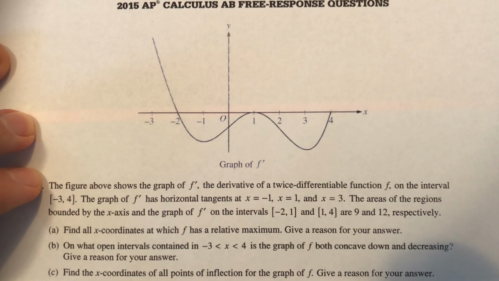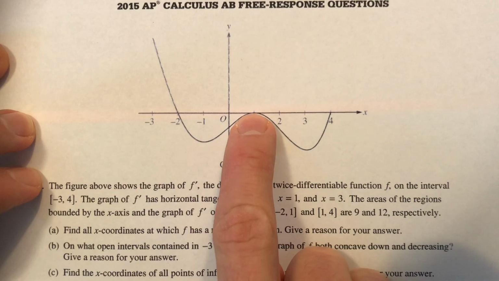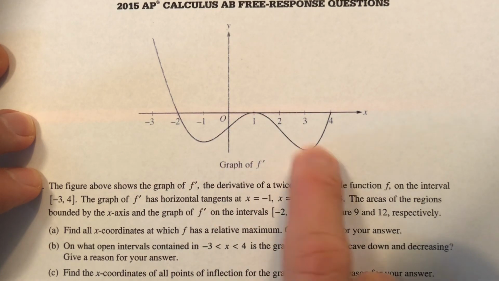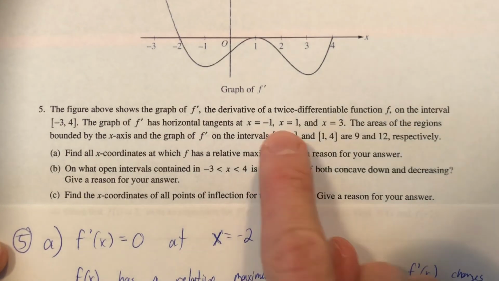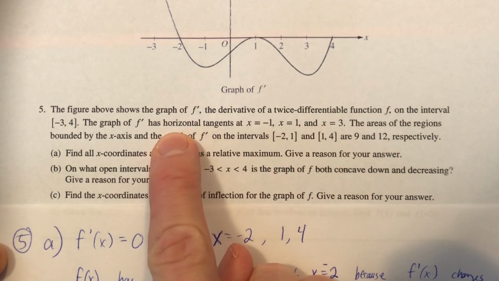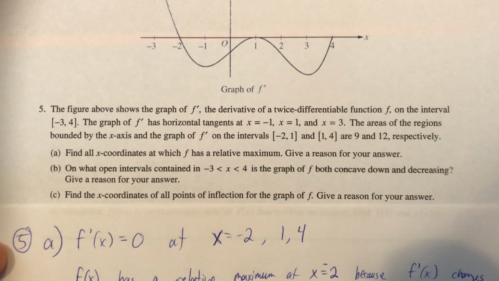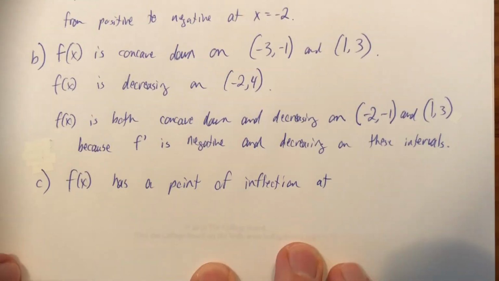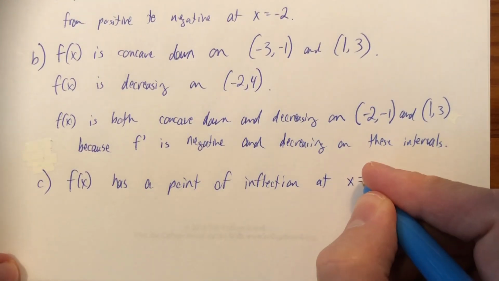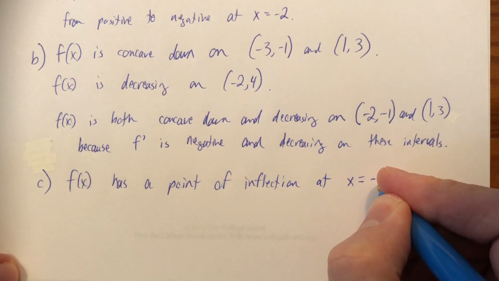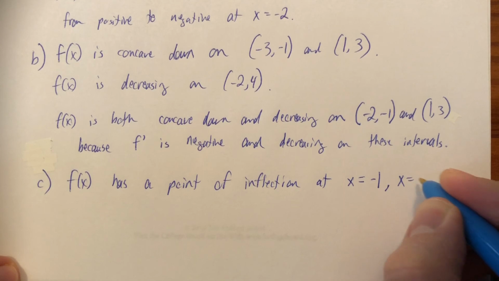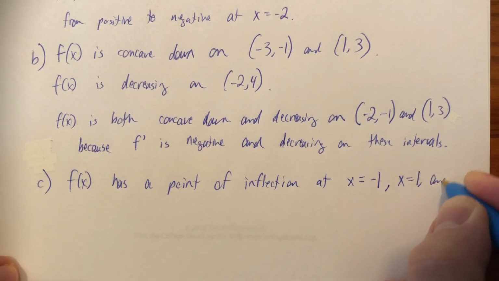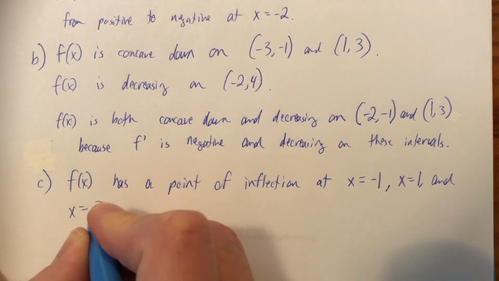And so I have a point of inflection here, here, here. So -1, 1, and 3. How do I know exactly it's those? That's why they told me this, that I have horizontal tangents there. Okay? So f of x has a point of inflection at x equals -1, x equals +1, and x equals 3.